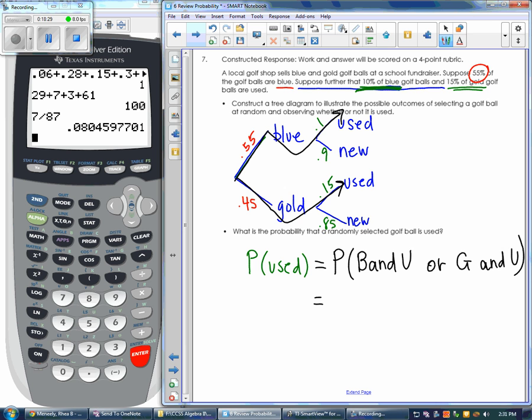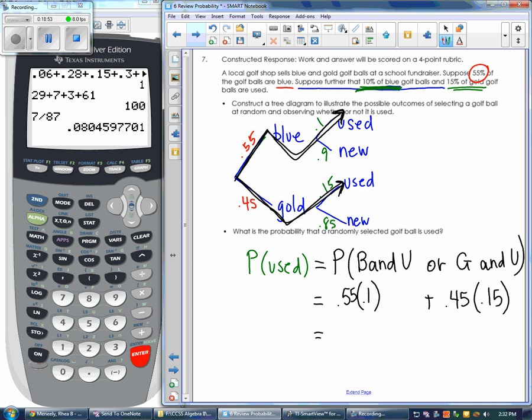So the probability of blue and used would be 55% times 10%, plus, since it's an or, the probability that it's gold and used, which would be 45% times 15%.